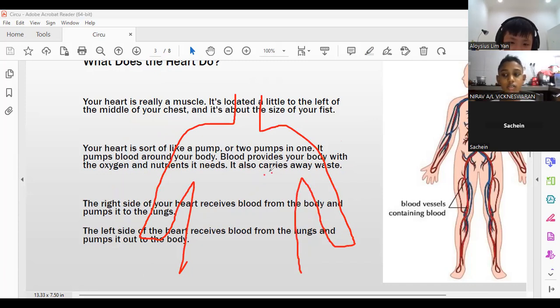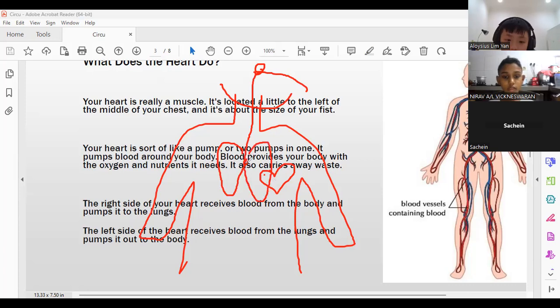Okay, this is you. Your heart is on the left, so it's somewhere here. For this person, the left is here. And then when you want to breathe, your nose is up here, correct or not? So you're breathing in, right? Where does the air go to? Your lungs. Does it go to the heart? Lungs. It goes to the lungs. So that oxygen from the lung must go to the heart.